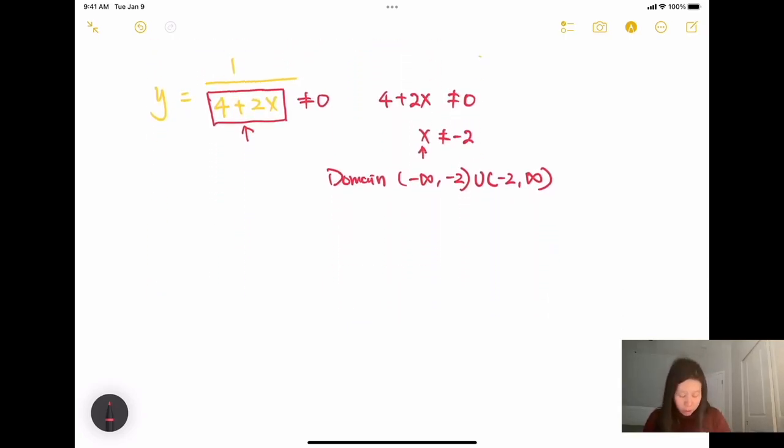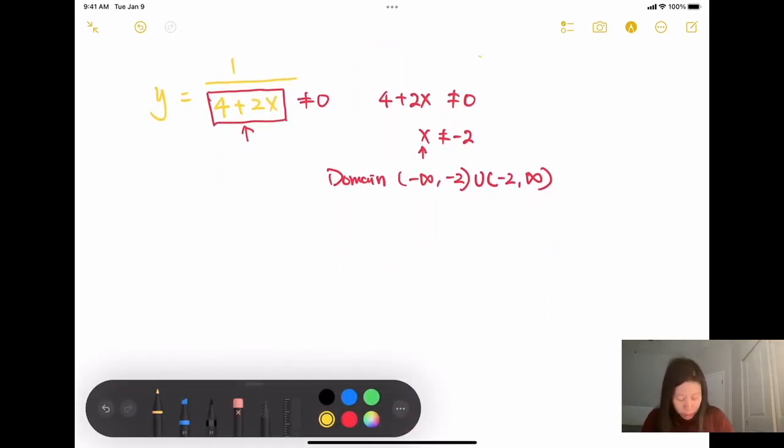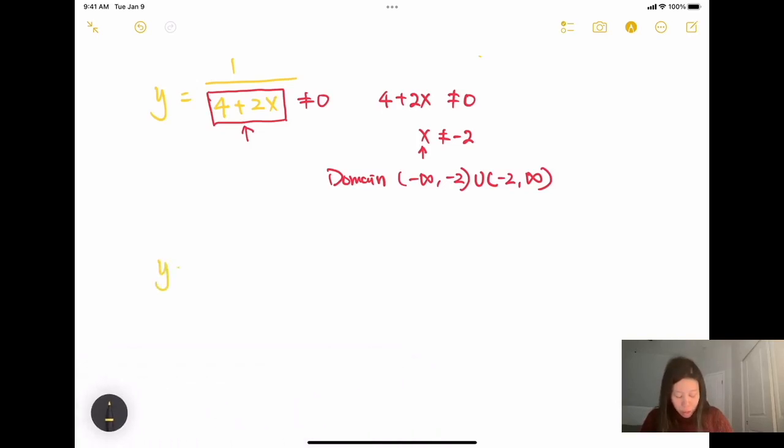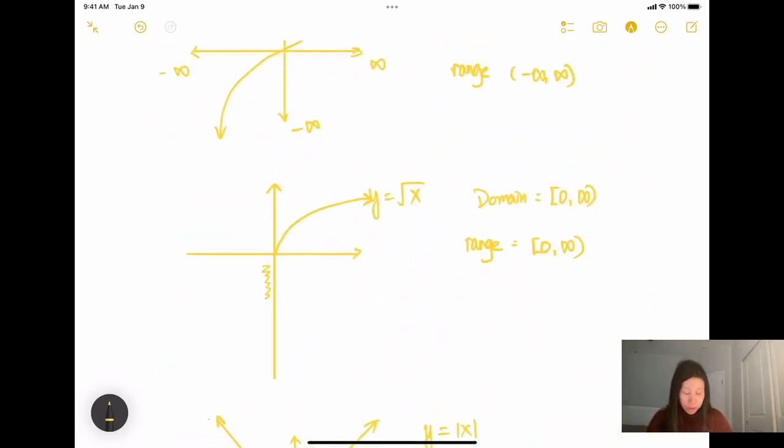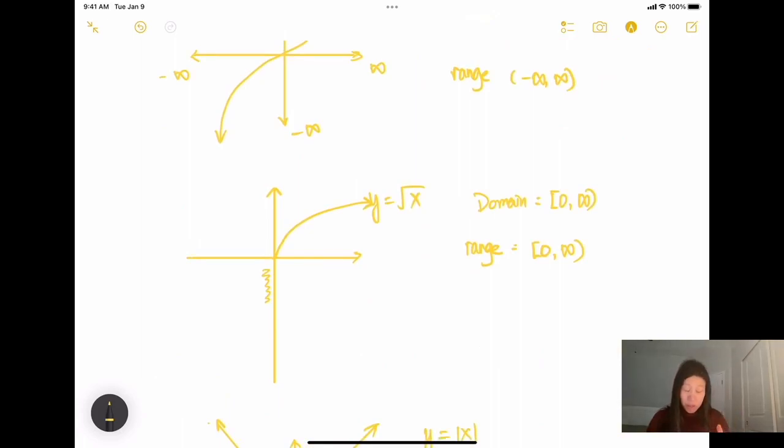What about a quadratic function? Not quadratic, I'm sorry. When it comes to a square root function, y equals the square root of x. If you remember the graph earlier, the graph is from 0, including 0, to infinity, because x can equal 0.